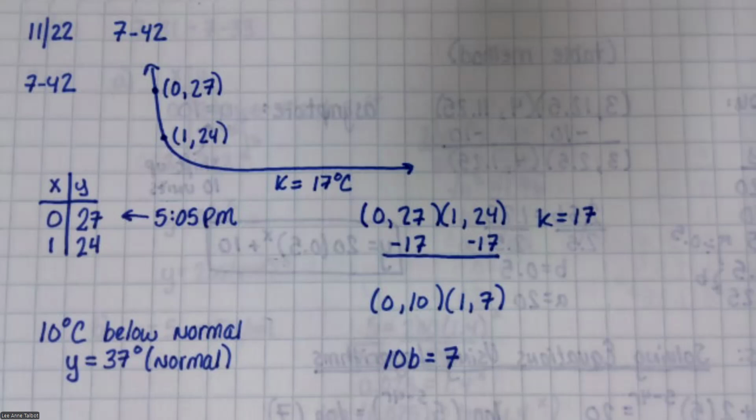No, 37 is wrong. Put 37 in the Y. 37 equals good?